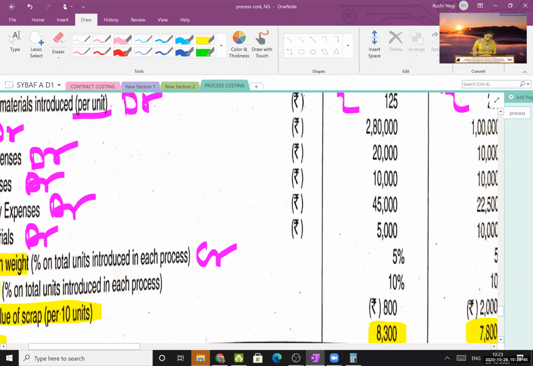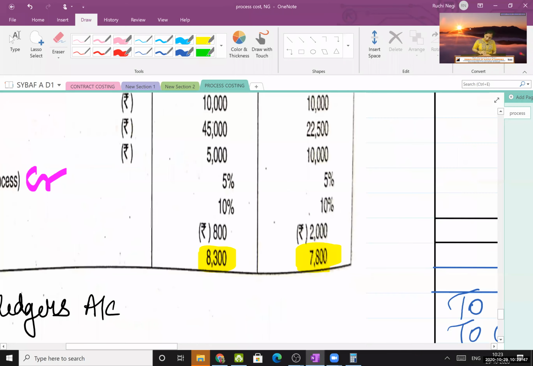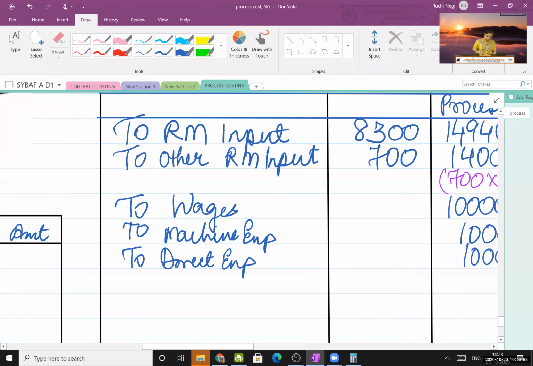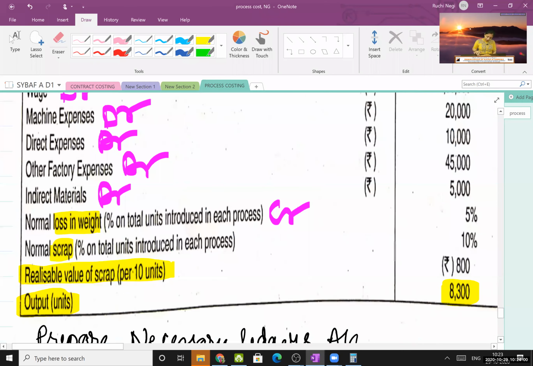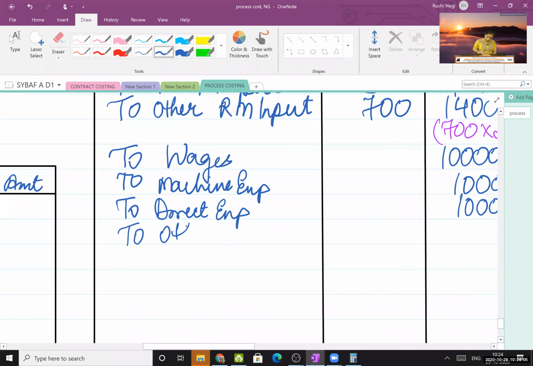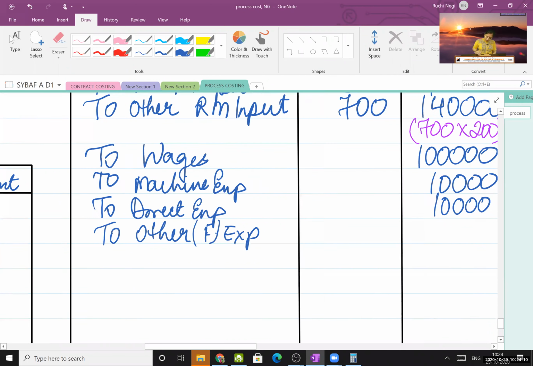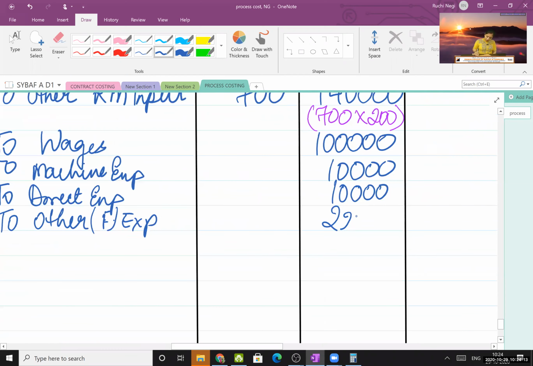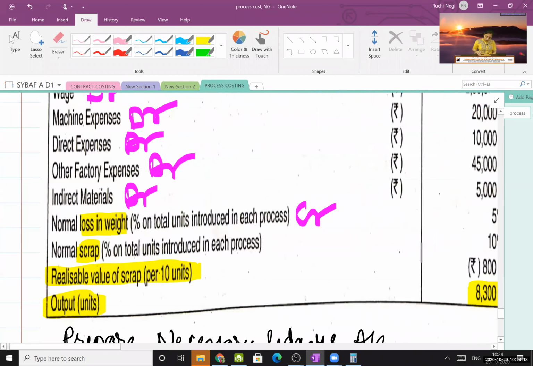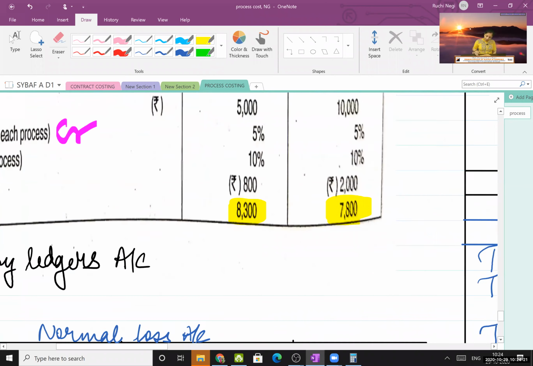Next, to direct expense also 10,000. Direct expense. Okay. Next, other factory expense 22,500. Next, indirect material 10,000.